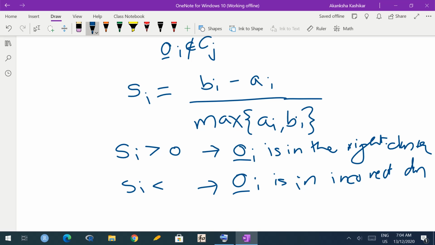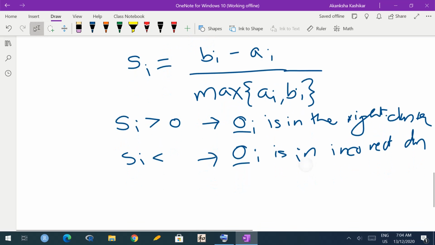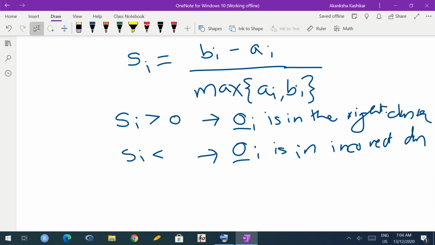Okay. And what happens if it is very much inside its own cluster, perfectly sitting inside? In that case Ai would be very small, the distance from its own cluster would be almost close to 0. So Bi minus Ai would be roughly equal to Bi, and hence Si would be almost equal to 1, because maximum of Ai, Bi is Bi in this particular scenario.